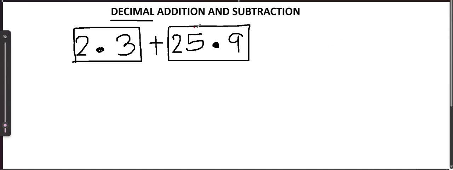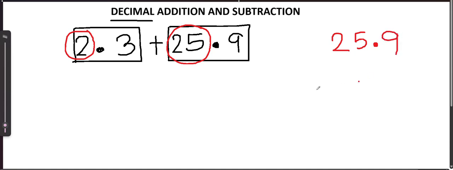So that you do not get the sums incorrect. So I see that there is a 25 over here and a 2 over here. As 25 is greater than 2, I'm going to write this one first, 25.9. And I have 2.3. So I'm just trying to put the decimal place underneath that decimal so that I can have my numbers placed correctly.